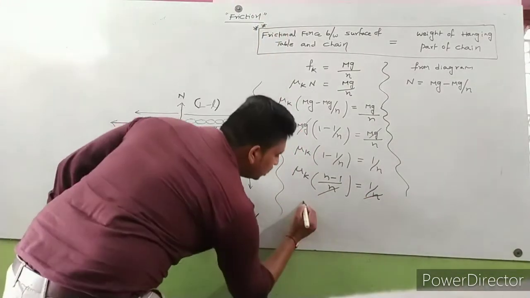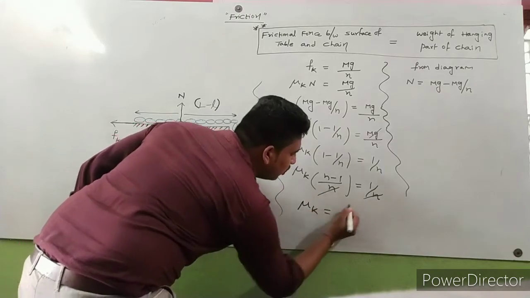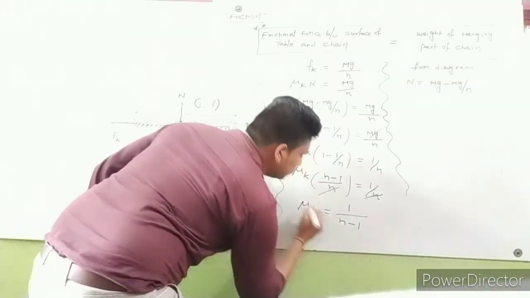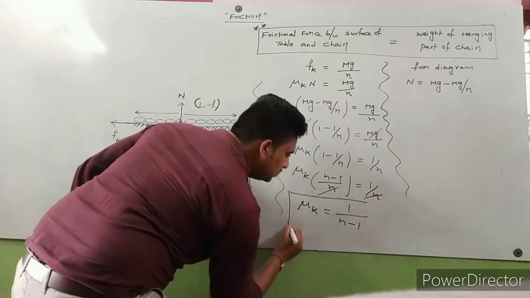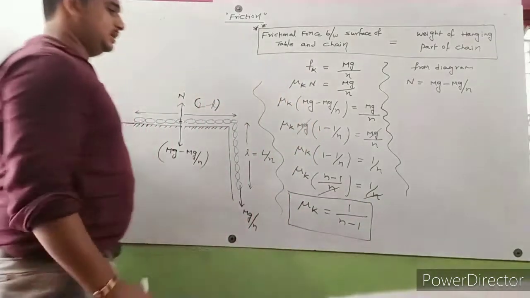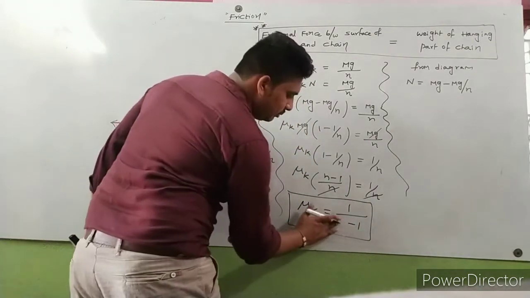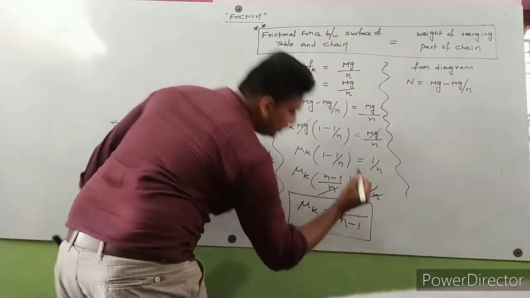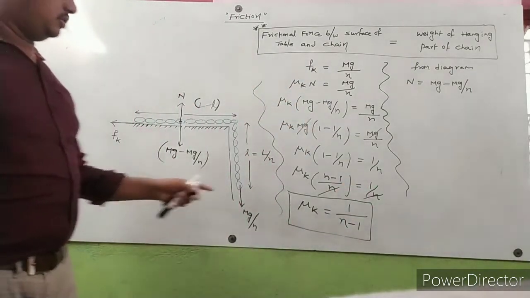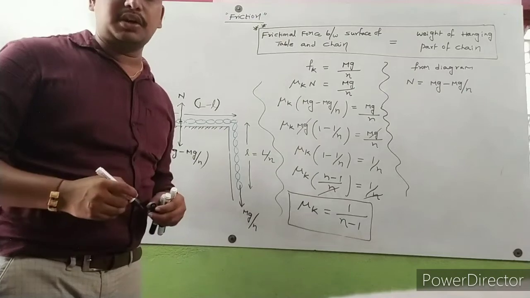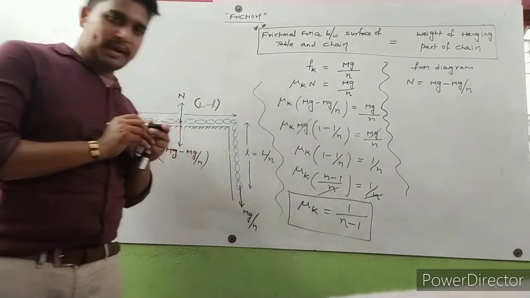So mu k is equal to 1 by n minus 1. Mu k is the coefficient of kinetic friction.